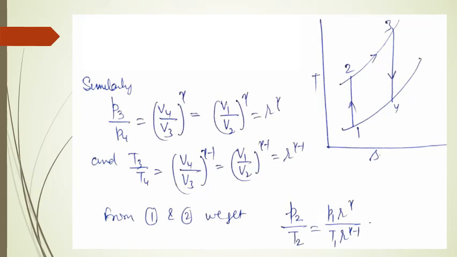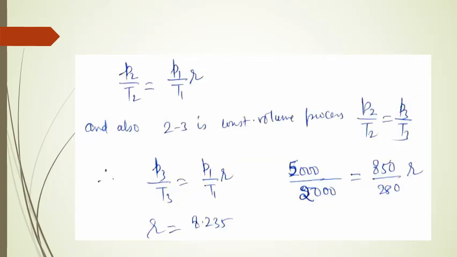So from equation 1 and 2 on the last slide we get this relation. P2 upon T2 is equal to P1 R raised to power gamma upon T1 R. So finally we get this relation. And as you know, 2 to 3 is a constant volume process. You can say P2 upon T2 is equal to P3 upon T3.